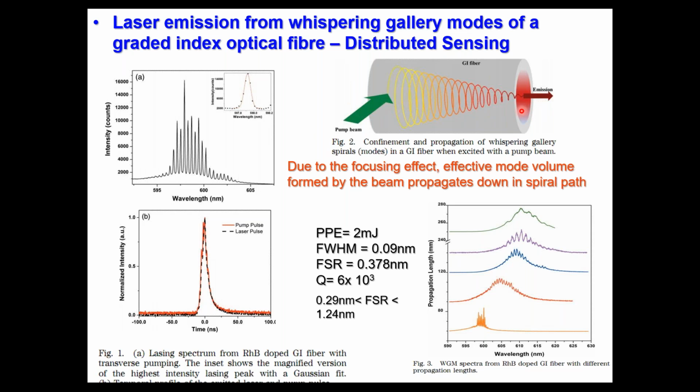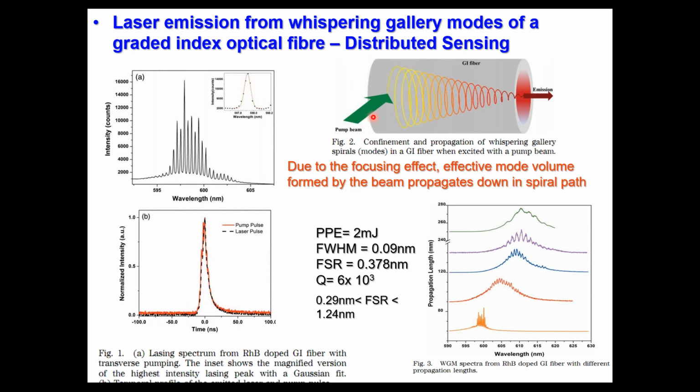Okay, because of the graded index structure available, you have a continuous variation of refractive index in this region. So it not only contains the gain media, but also the additional material for refractive index variation.